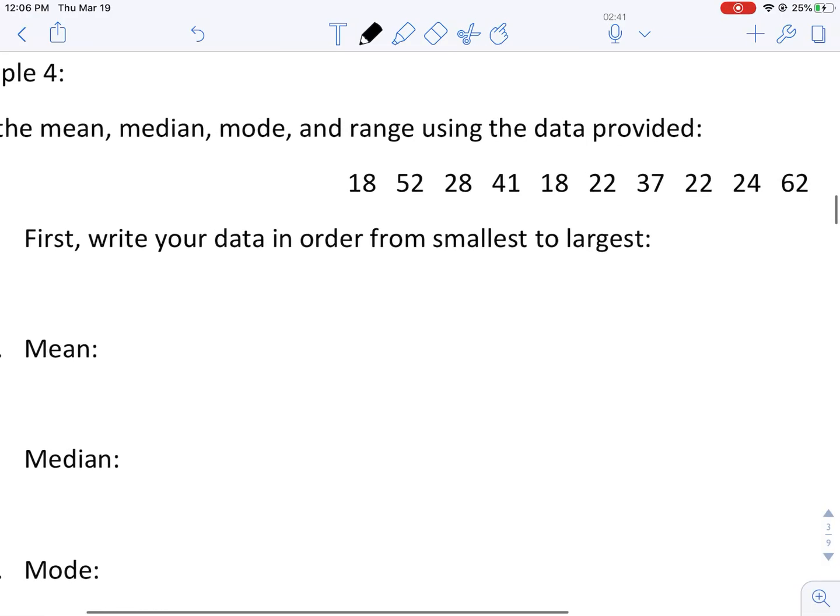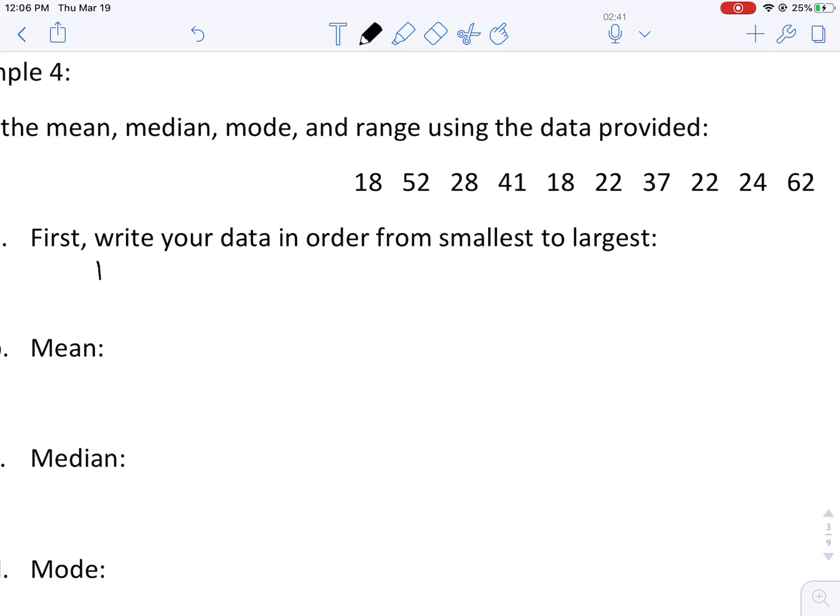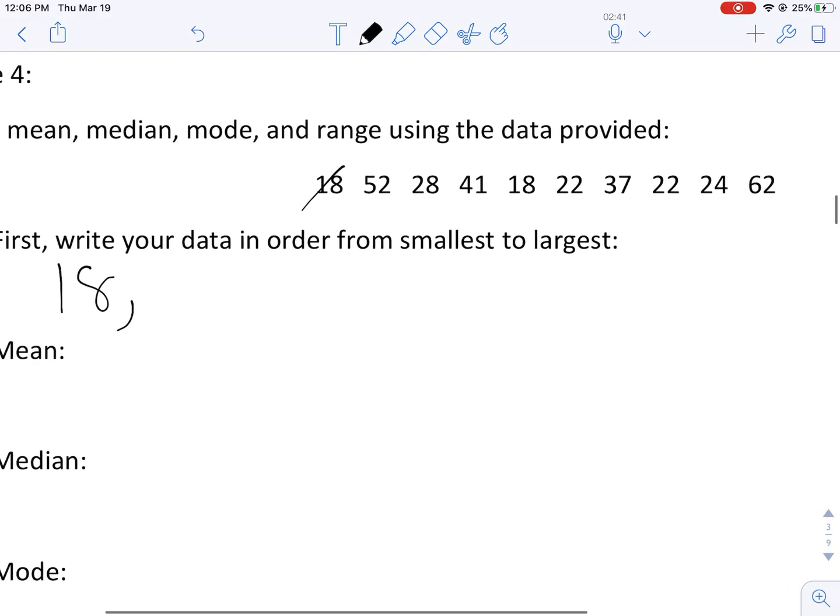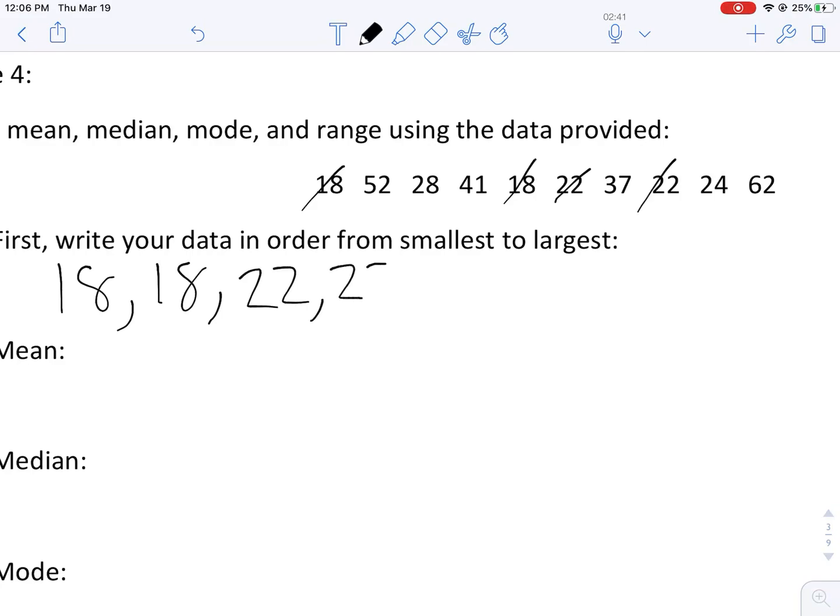So my lowest number is 18, and that's going to happen twice. My second lowest number appears to be 22, and that also happens twice. Now I look, the next lowest is 24. That happens.